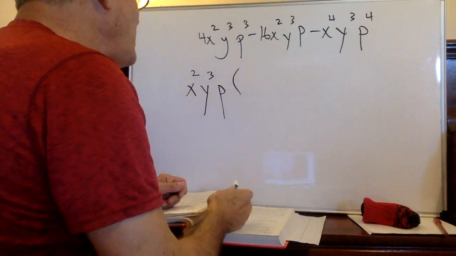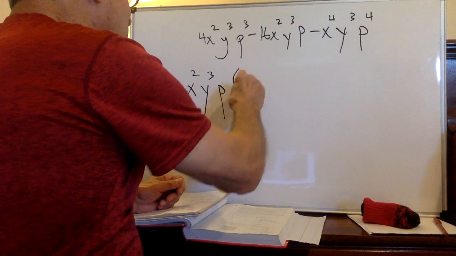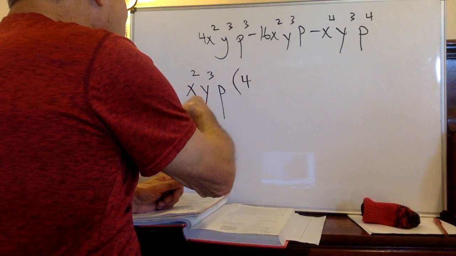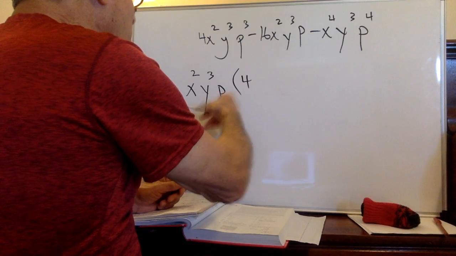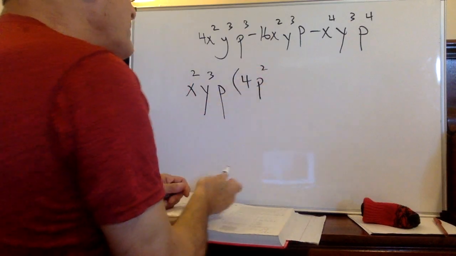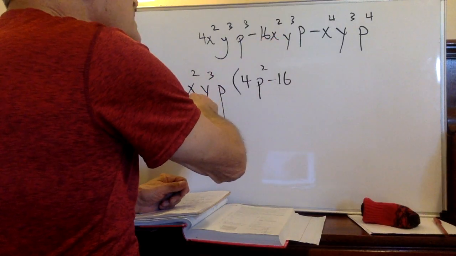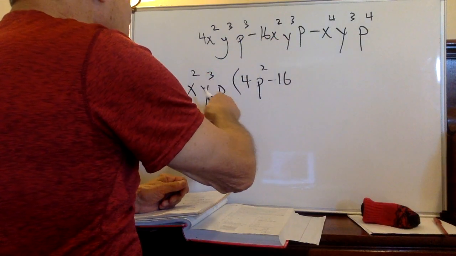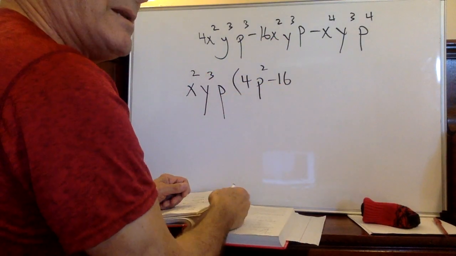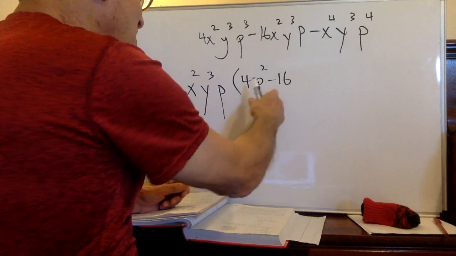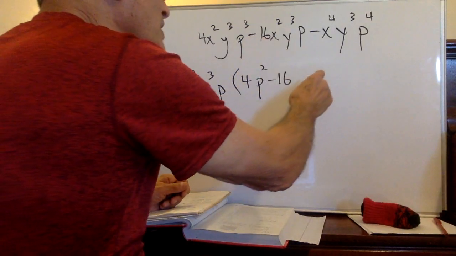You then multiply by what's left. I've got a 4, I've got the x squared, I've got the y cubed, I need a p squared. The next term, 16 x squared y cubed p, it's just minus 16. If I multiply this times minus 16, I get what I started with.